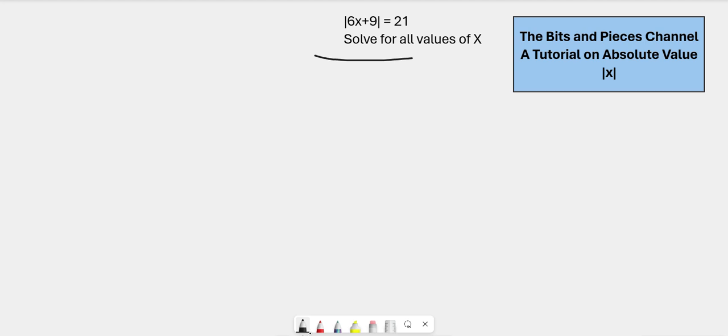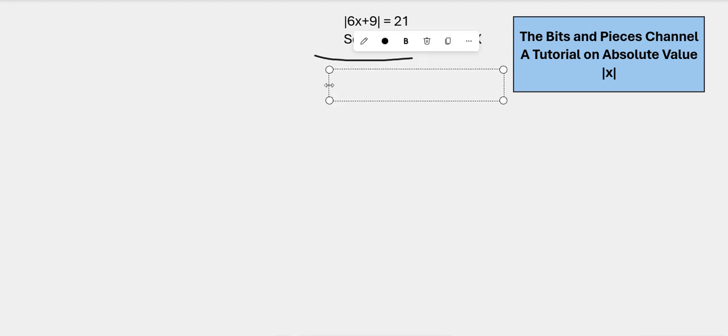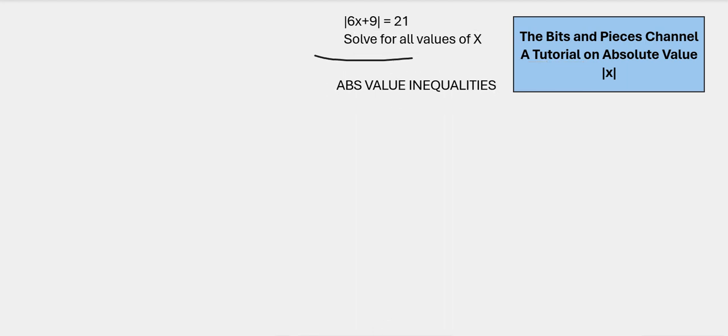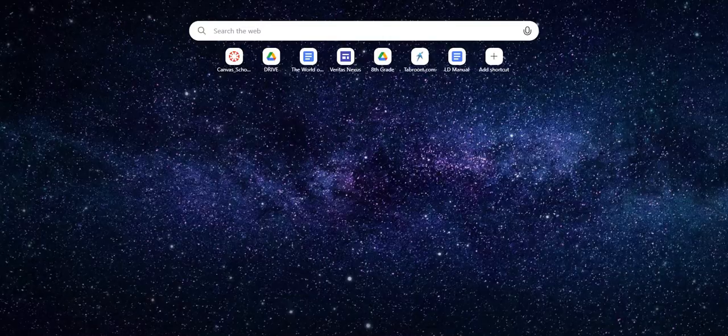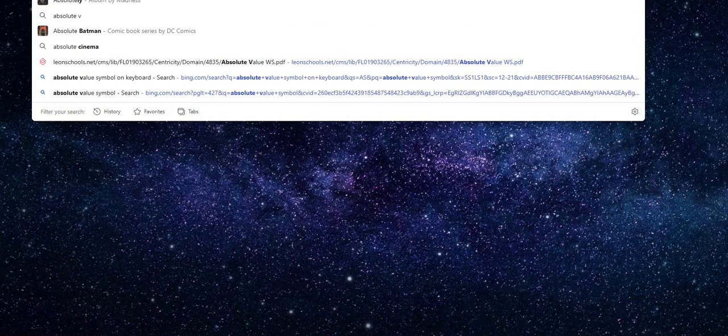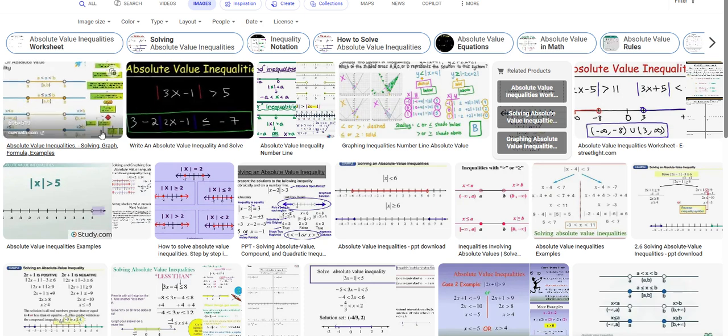Now let's go into the more difficult aspect of this, and that's absolute value inequalities. Now, absolute value inequalities are a little bit complicated. And I think the easiest way to show them is right here. If we just search them up, we're gonna pull up an image and we'll go over how that image works.